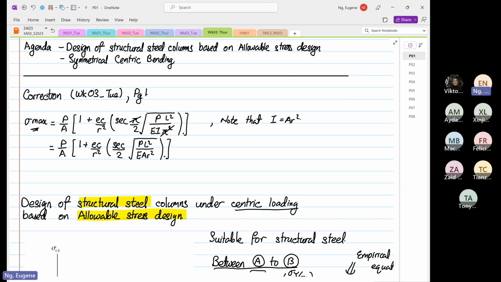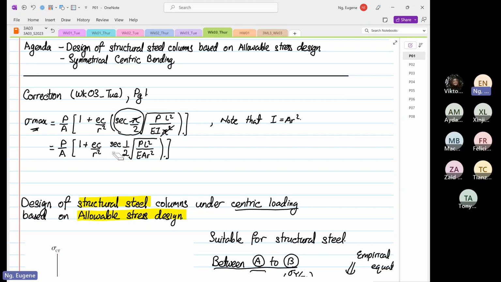Over here we have a relationship for eccentric buckling, where stress max is equal to P over A, bracket, and then the rest of the terms. The mistake I made is over here. The next line should not look like this, but rather secant of 1 over 2, not secant over 2.